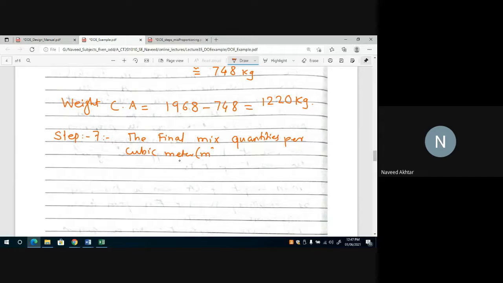The first one is nothing but the cement, the main ingredient. The value of cement you have calculated is 302 kg.